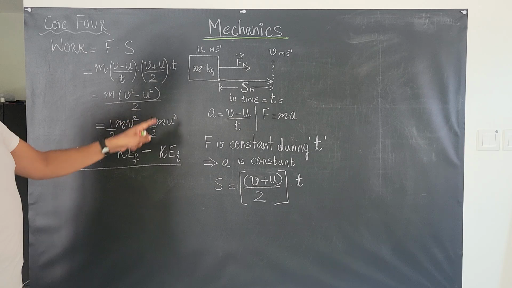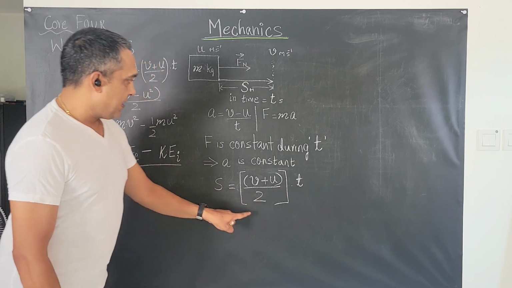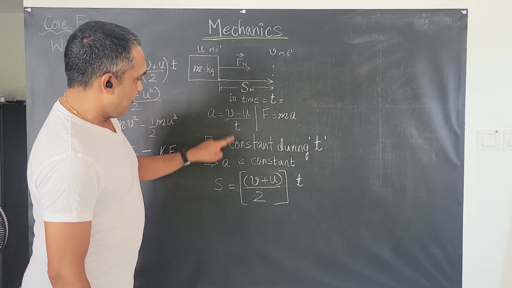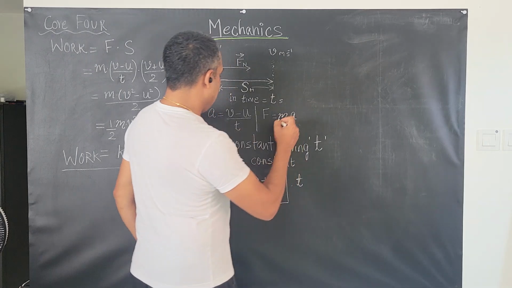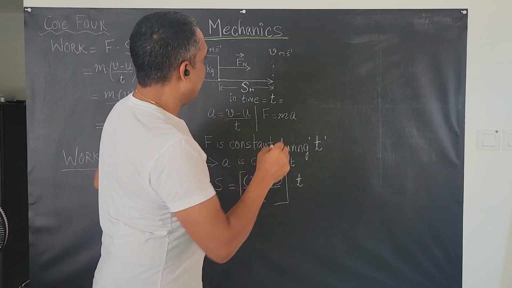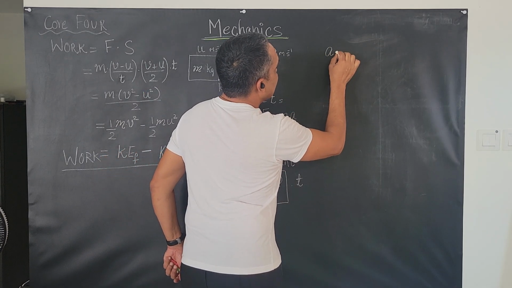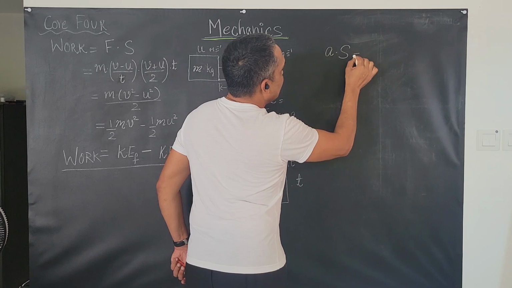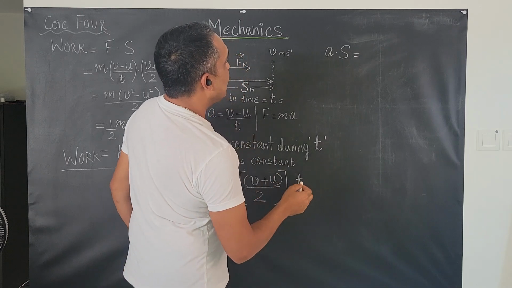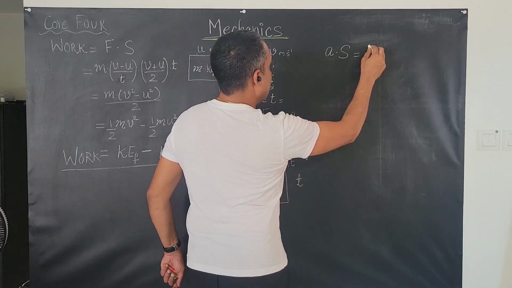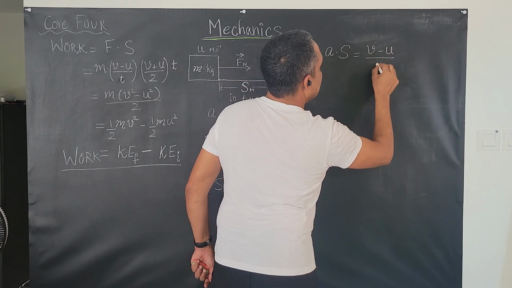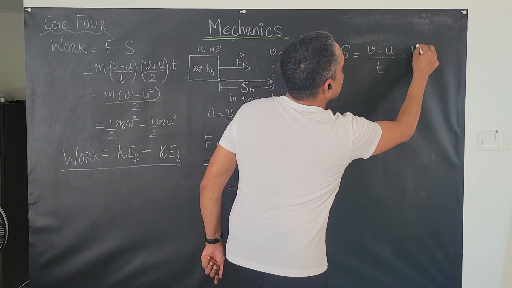But really what happened in this, if you notice, if I had these two equations and I multiplied them, just these two, I could derive this: acceleration times displacement would be equal to, I think if my math is right, velocity difference and velocity average.